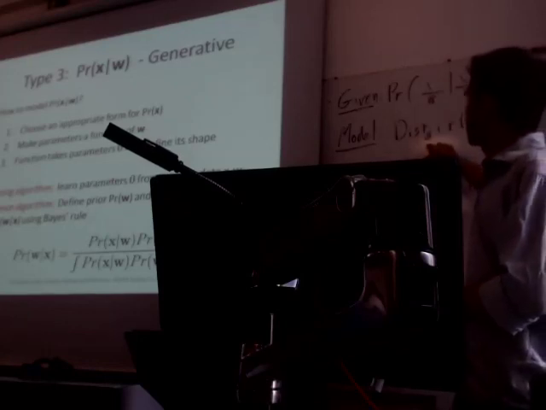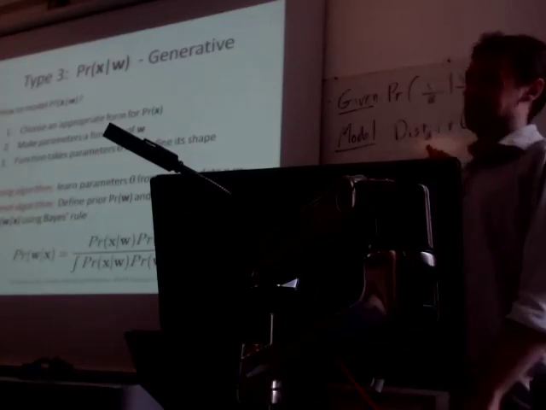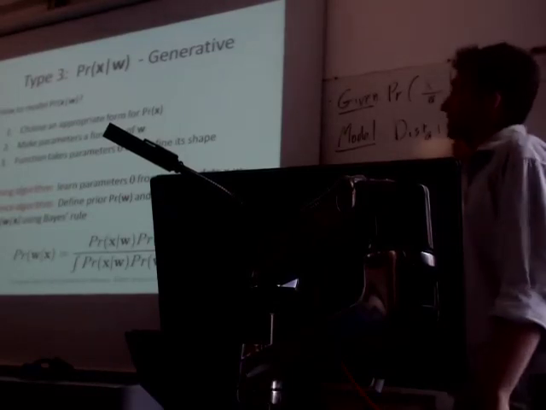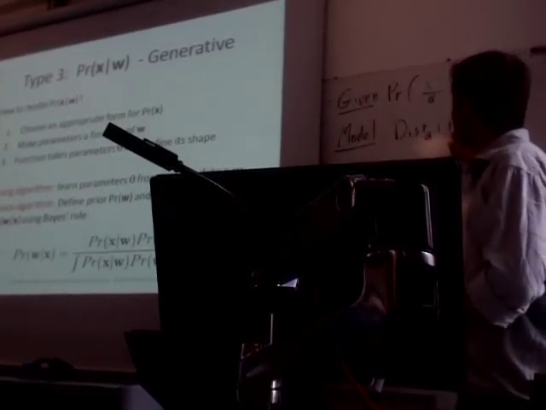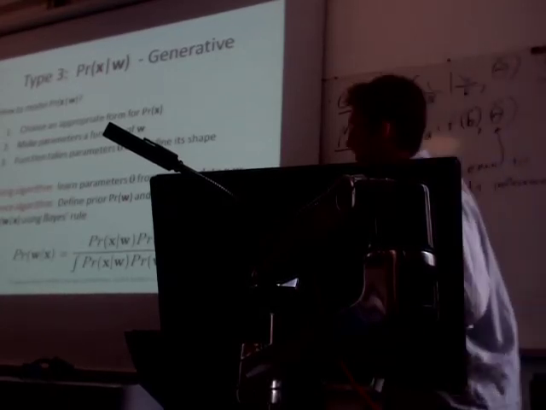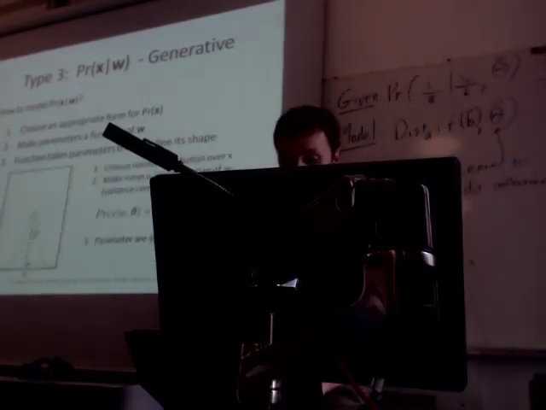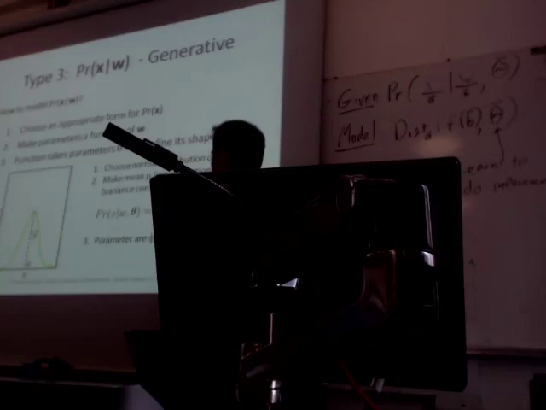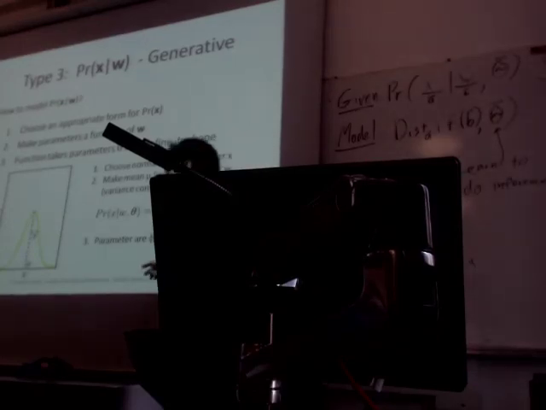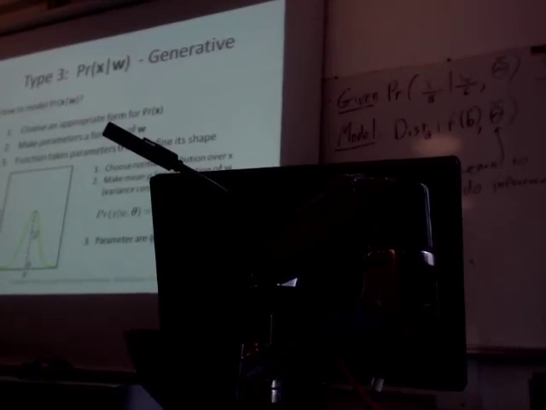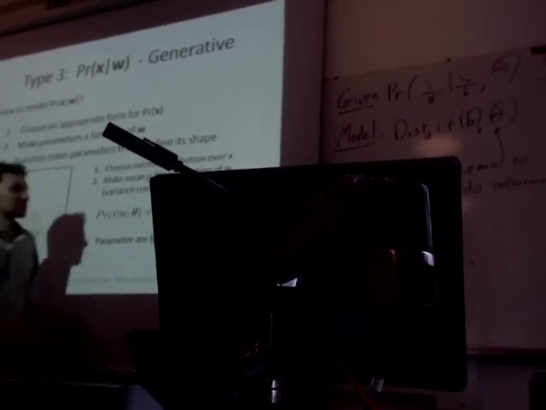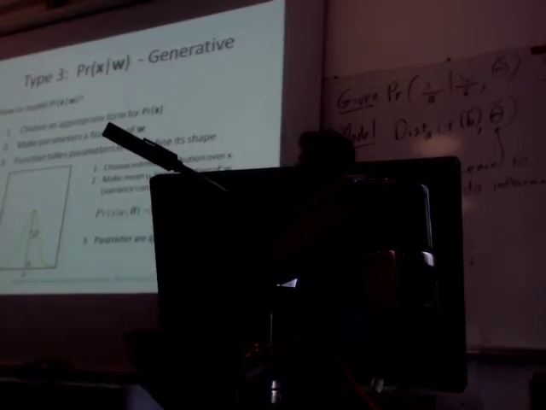We say, okay, maybe I'll pick Gaussian just for convenience. Because I'm doing regression, I'll make this function a linear function of the world. So let's just get to the point. My distribution on x is this normal distribution.